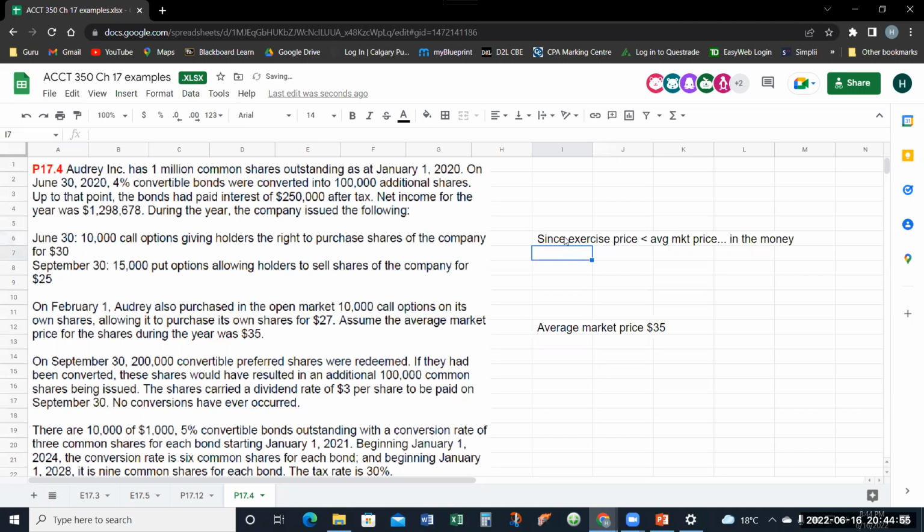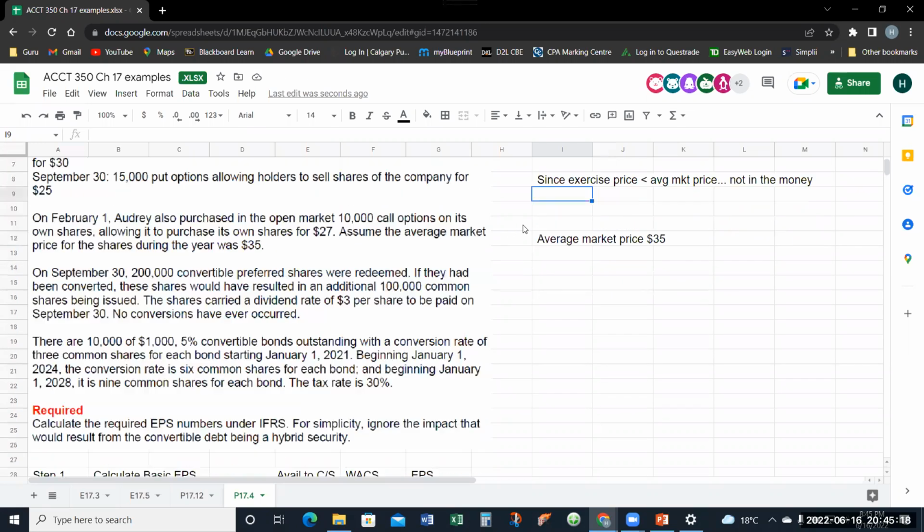So that's dilutive. For the put options, since exercise price is less than average market price, not in the money. So if they're not in the money, they're not potentially dilutive. You don't even need to worry about them.